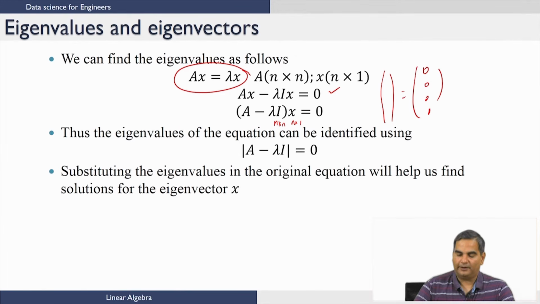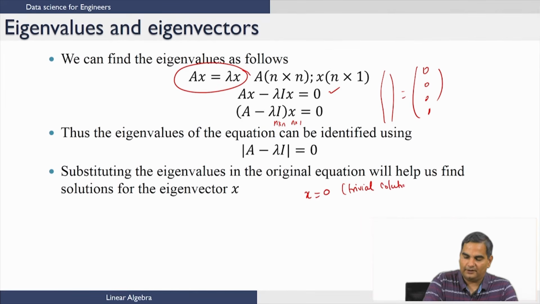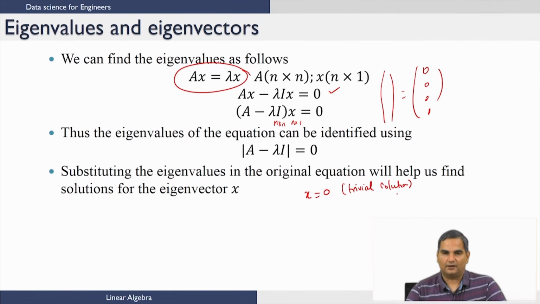If I want an x which is not all 0, notice that if x is all 0, this is a solution. So, x equal to 0 is a solution, but we are not interested in it because this is what we call a trivial solution. We are only interested in non-trivial solutions. At least one of the x's will have to be non-zero.